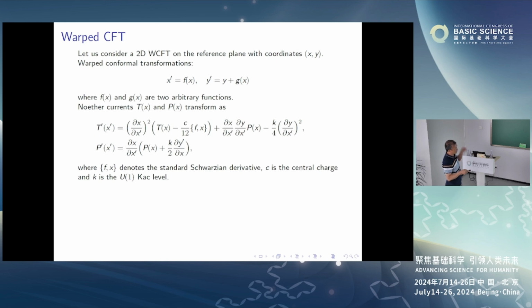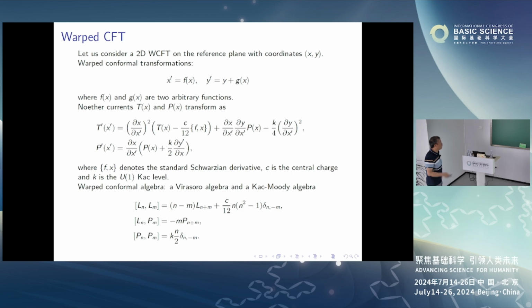Now, the symmetry group is generated by the Virasoro and Kac-Moody algebra. So T generates the Virasoro algebra, and P generates the Kac-Moody algebra. Now you have a parameter k, the U(1) Kac-Moody level. And now you see this is the algebra: the first line is the Virasoro algebra, and also the U(1) Kac-Moody algebra, and also between L and P, the commutation relation.